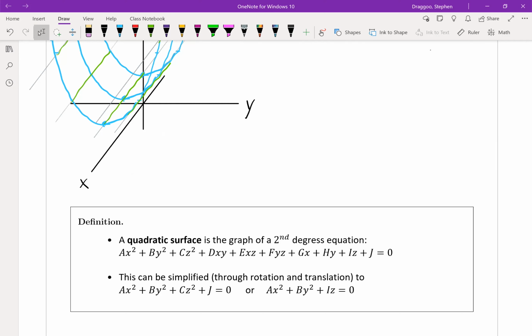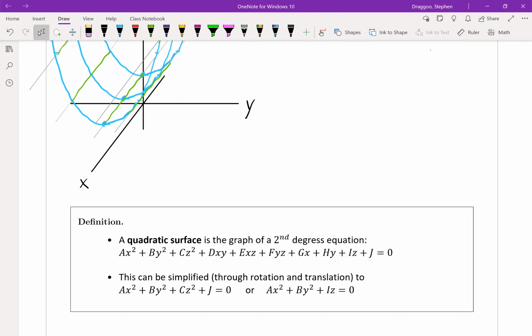Since I can simplify that first equation through a series of rotations or translations to terms that no longer depend on a mixed set of variables, and also I can simplify it down, again through rotation and translation, so that I only have one term for each variable.